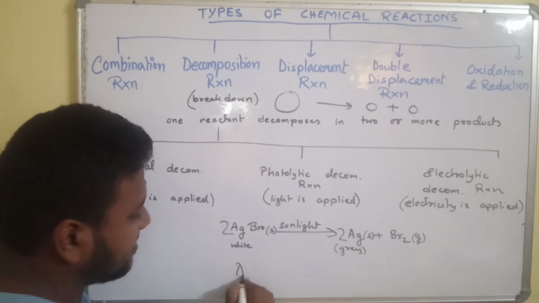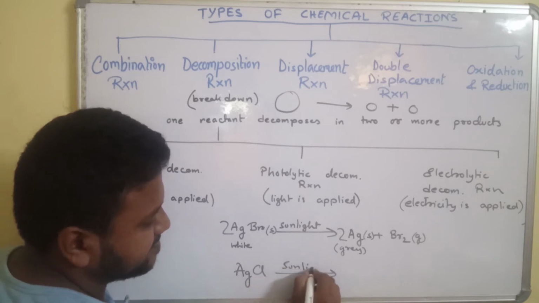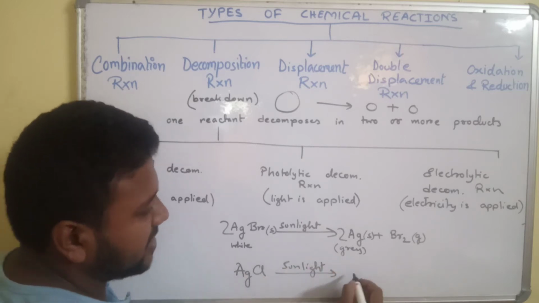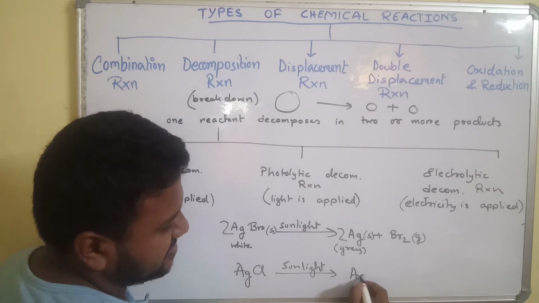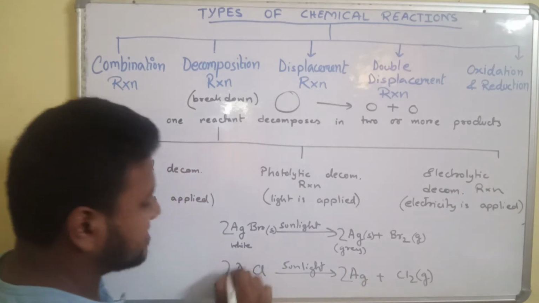Again we can see the same with AgCl. When kept in sunlight, it breaks down into Ag and Cl2 gas, same as above.